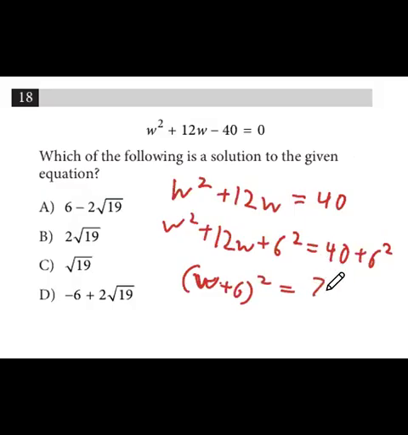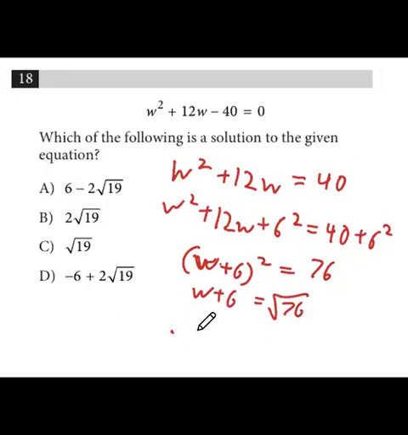That's 76. Take the square root of both sides. W plus 6 is equal to the square root of 76, which we can then subtract 6 from both sides to get w is equal to negative 6 plus or minus the square root of 76, which should be 2 square root of 19. So looking at our answer choices, that's answer choice D.